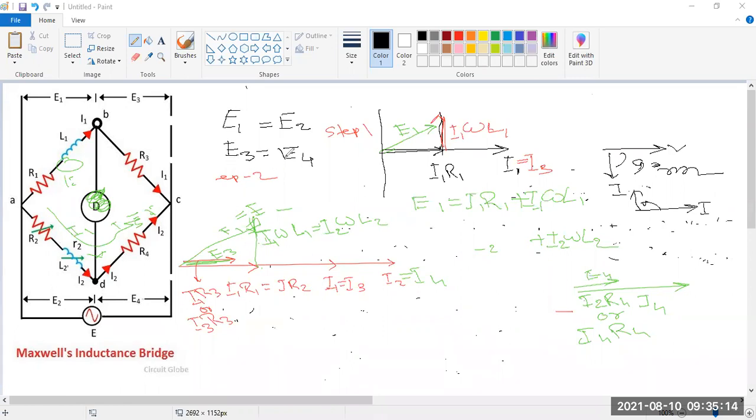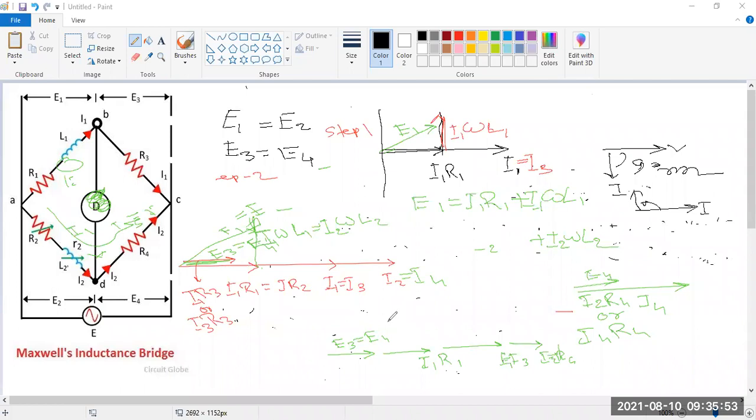And we know E3 is equal to E4. So here is the E3 and we can put the E4. So ultimately you can see E3 equal to E4, and this is I1 R1, this is I1 equal to I3, and this is I2 equal to I4.